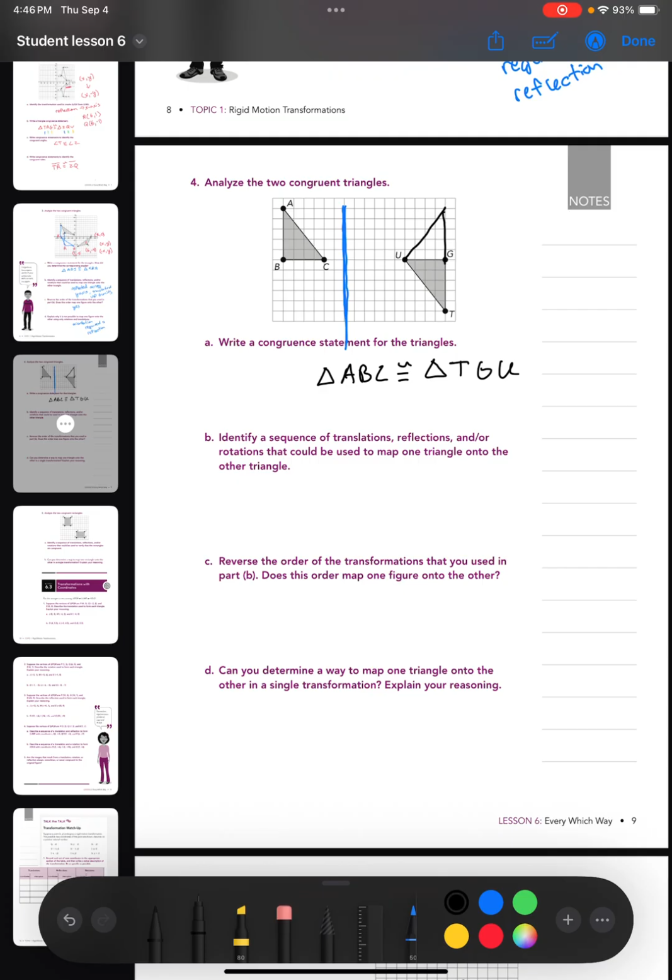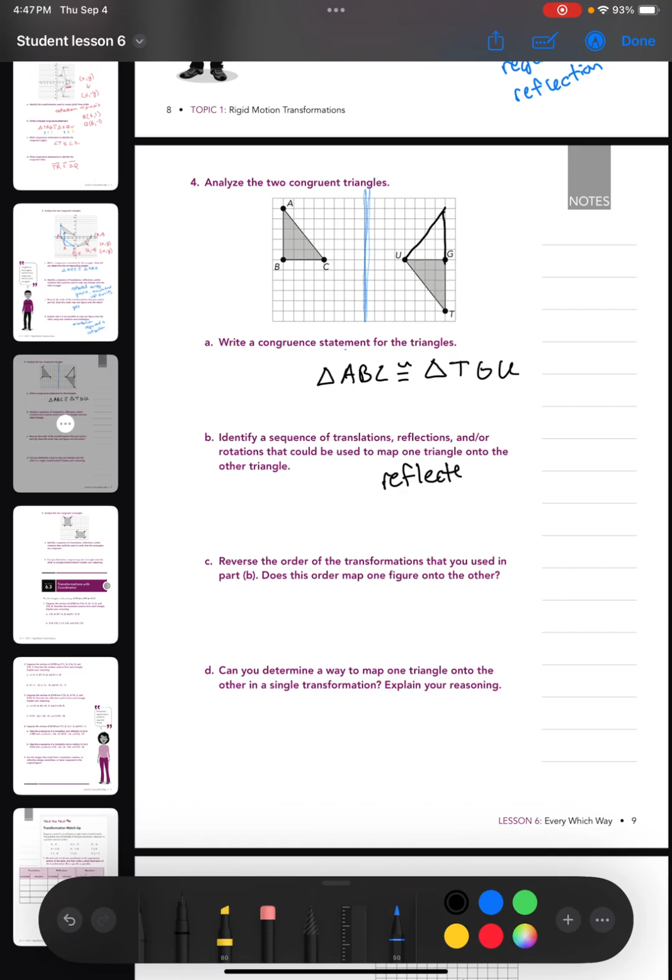All right, so there's our congruency statement for the triangles. The series of transformations we had was reflected. Let me redraw that line too. Notice that was off. So here was that line halfway between them.